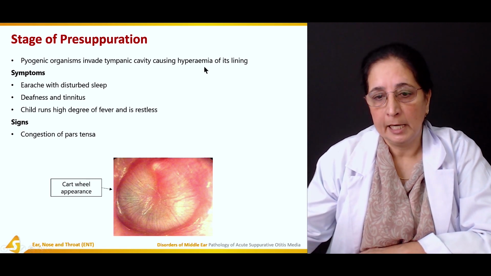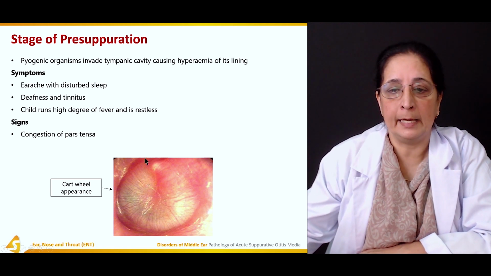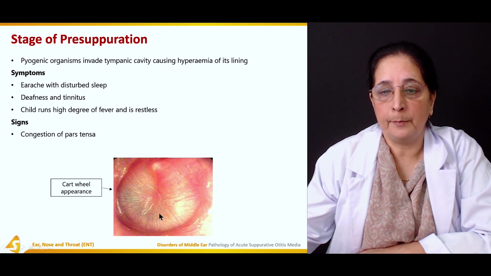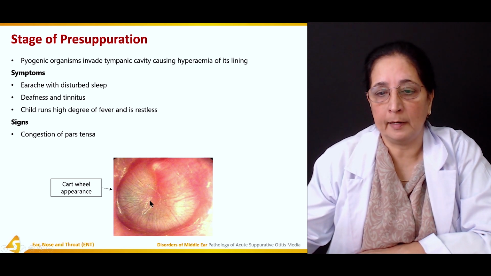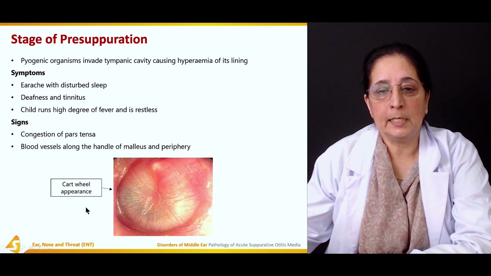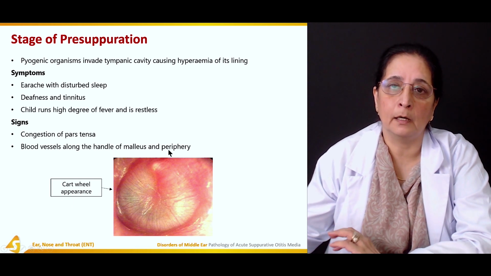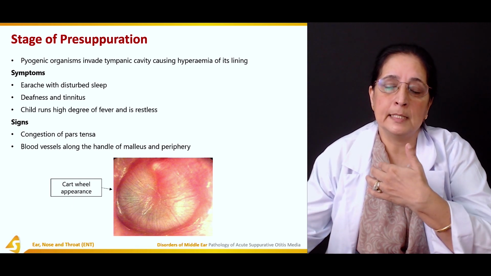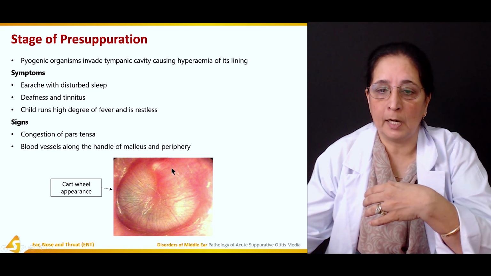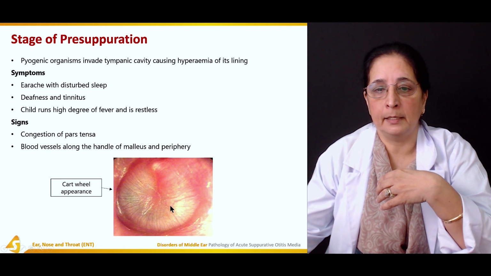Some signs are congestion because of hyperemia. You can see congestion in the pars tensa of the tympanic membrane. So there is hyperemia, increased vascularity. You can see the cartwheel appearance: blood vessels visible along the handle of the malleus and the periphery.